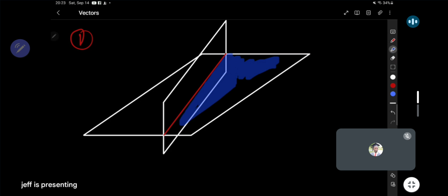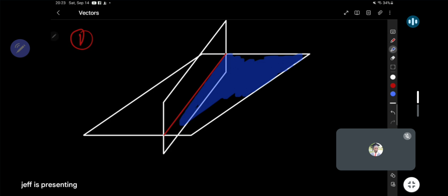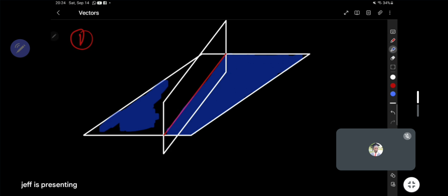So you have two distinct planes, and those planes intersect, which implies that their point of intersection is going to be described by a line. So that is what we get there. Of course the blue plane is going to be this one here. I hope it comes out to show that these two planes are intersecting.